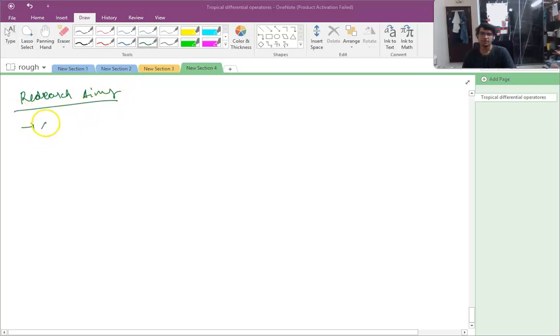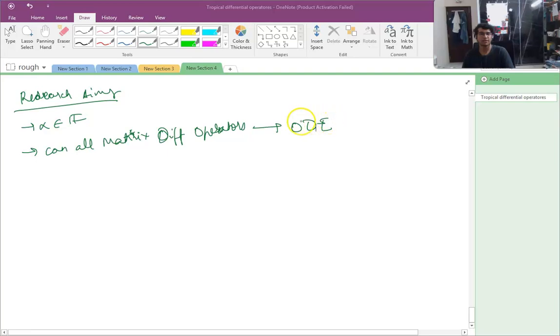First, we need to see what happens when alpha belongs to an arbitrary field F. Next, we need to see whether all matrix differential operators can be converted into ODEs, and that's probably true.